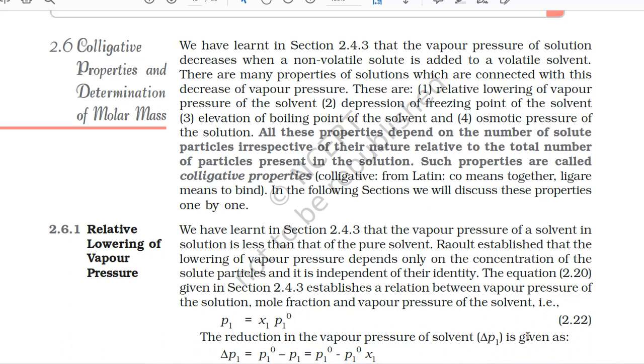Third, elevation of boiling point of the solvent. And fourth, osmotic pressure of the solution. All these properties depend on the number of solute particles irrespective of their nature relative to the total number of particles present in the solution. Such properties are called colligative properties (colligative from Latin: co means together, ligare means to bind). In the following sections, we will discuss these properties one by one.